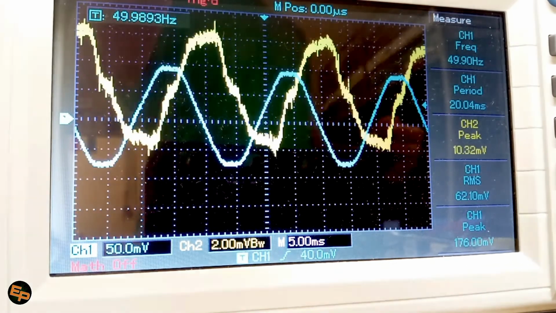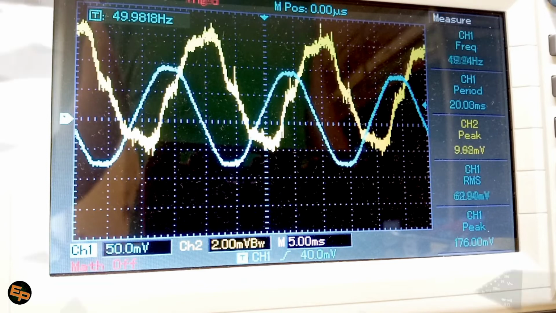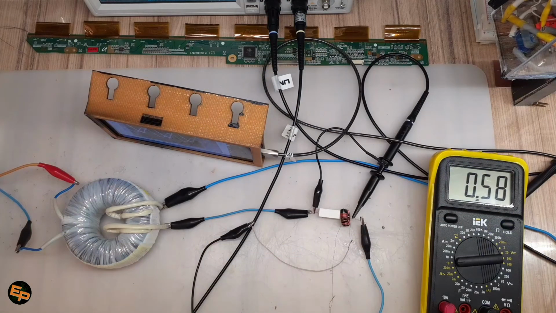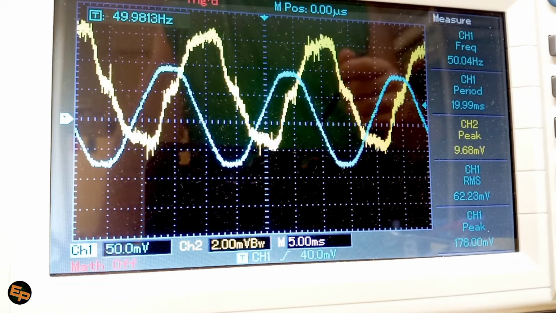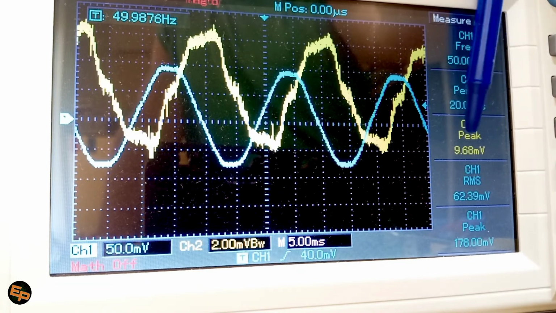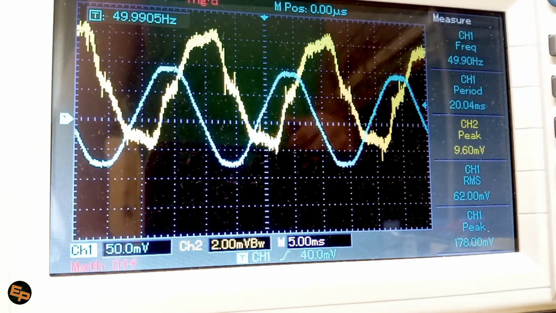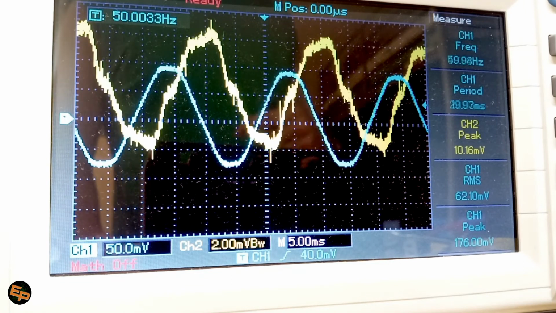Therefore, we have 600 milliamps, right? Which is exactly what this device tells us. And for 600 milliamps of current, we get about 9, maybe sometimes 10 volts peak to peak signal on our current transformer.